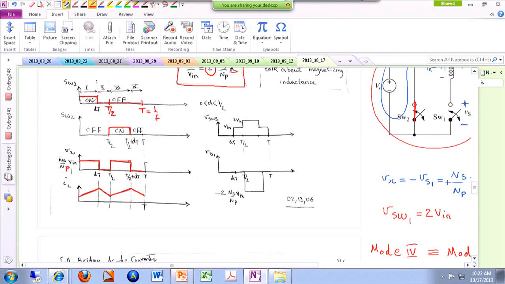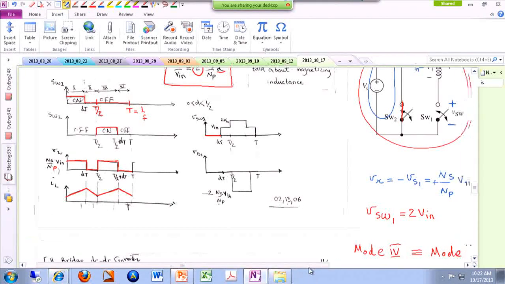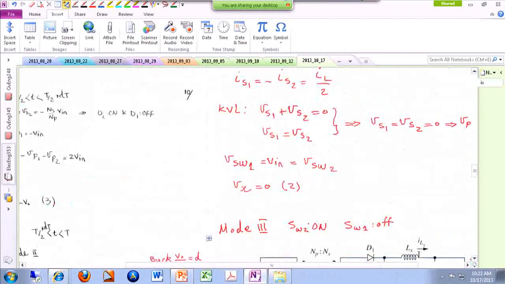Looking at the voltage stress of the switch, like let's say switch number 1. In the first mode, this switch was on, so 0 volts. In the second mode, remember in the second mode we had it over here. Voltage on the switch is the same as Vin.